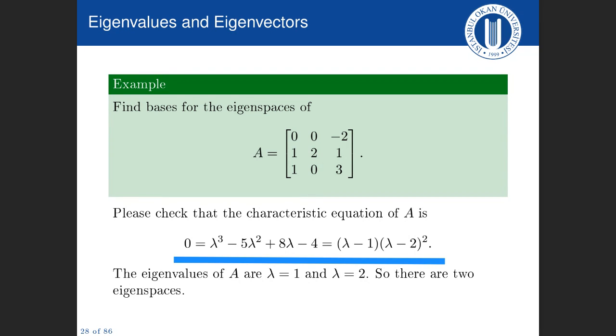And I'm going to ask you to check that this is the correct characteristic equation. And then if that's true, we can read off that the eigenvalues of A are lambda equal to 1 and lambda equal to 2. There are 2 eigenvalues, so that means that there are 2 eigenspaces.